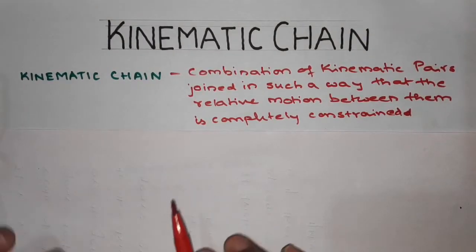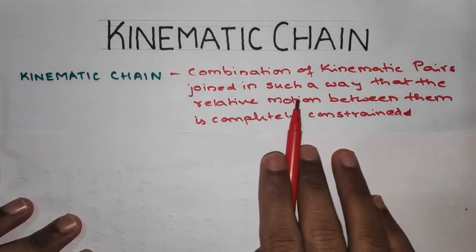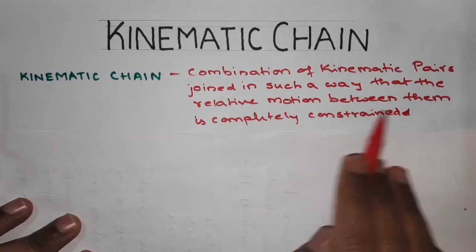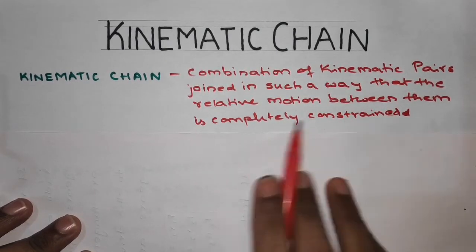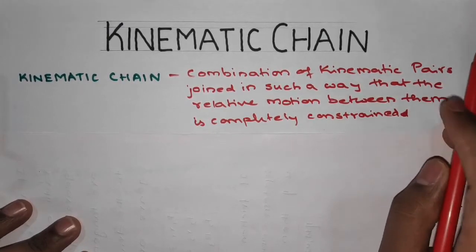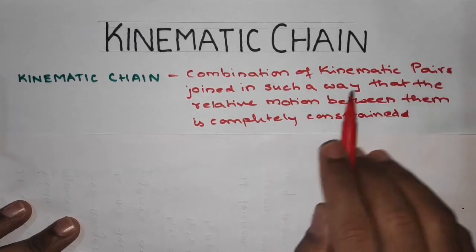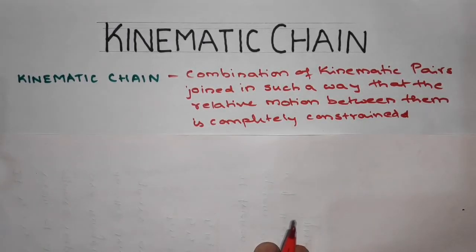The technical definition of a kinematic chain is a combination of kinematic pairs joined in such a way that the relative motion between them is completely constrained. I've already covered what kinematic pairs are, so you can refer to the YouTube iCard displayed in the top right corner for the lecture on kinematic pairs.